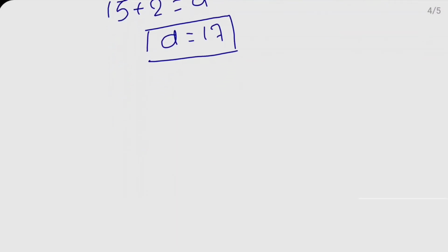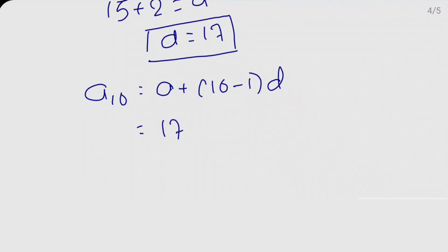So now find out a10. So a10 equals a plus 10 minus 1 into d. So here a is 17 plus 10 minus 1 is 9 into d, which is minus 1.